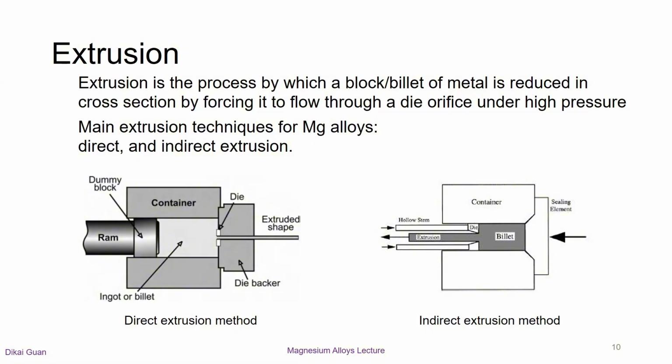So this process has no friction between the billet surface and the container. Very often, indirect extrusion is used at the start of the direct extrusion process because the friction force is eliminated. The final extrusion phase is usually carried out by the direct extrusion method.